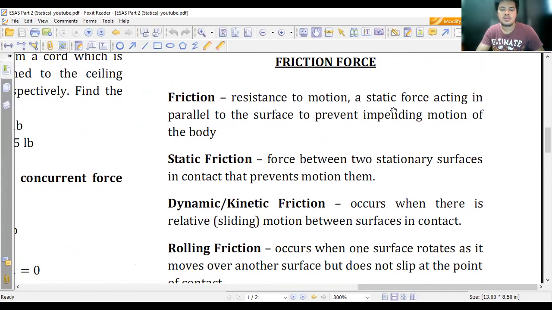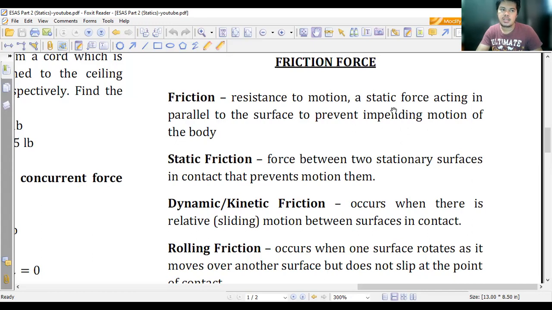The direction of the friction is always opposite, not to the applied force, but opposite to the movement of the particular object or body.